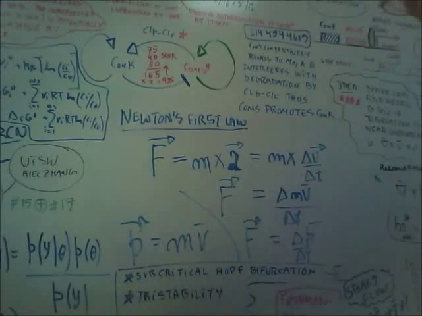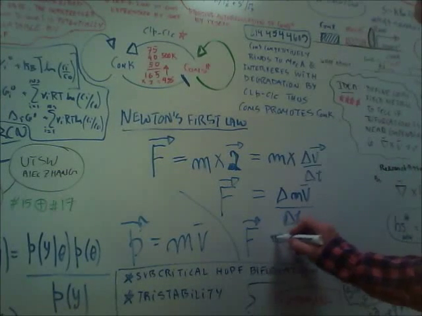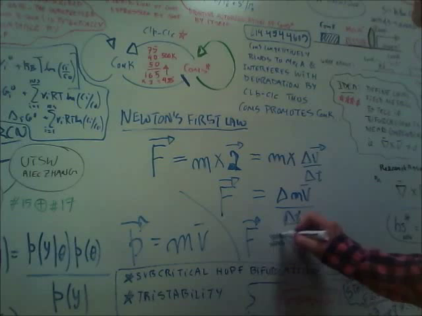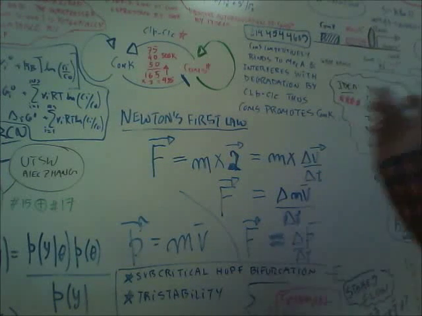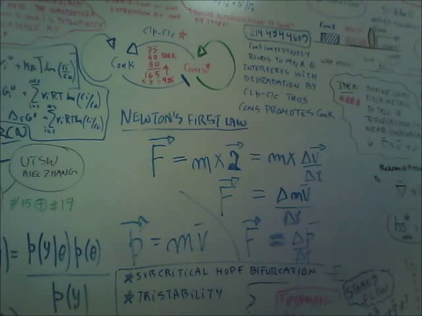So for those of you who want to think about the force in terms of what it causes: it causes a change of acceleration of a mass, and therefore a change of speed.